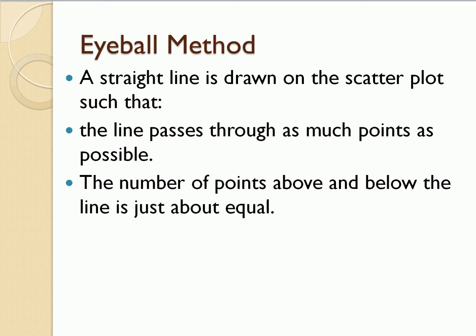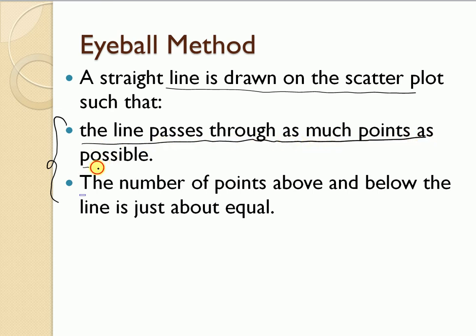To use this method, the straight line is drawn on the scatter plot such that, and these are the conditions for using the eyeball method, the first one is that the line passes through as many points as possible, and the second one is that the number of points above and below the line is just about equal.